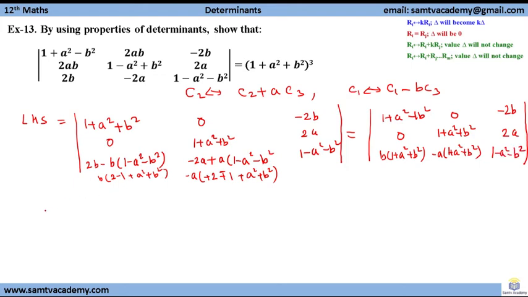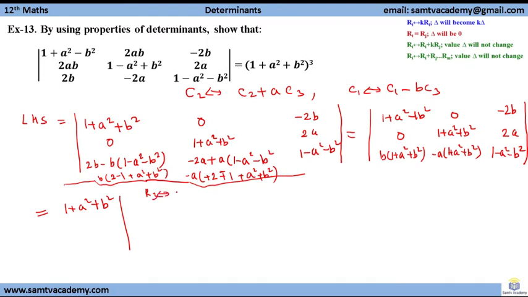So now we can take common 1 plus A square plus B square, and we will apply the steps on R3. This is for the above steps, so don't get confused. So we will take it common and apply here.